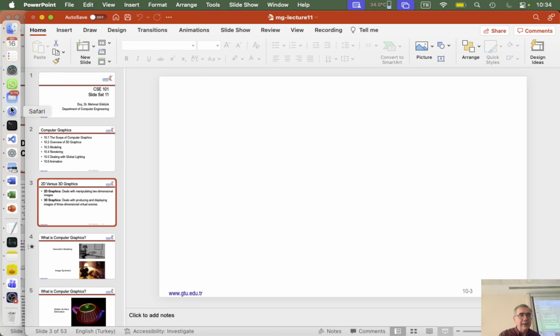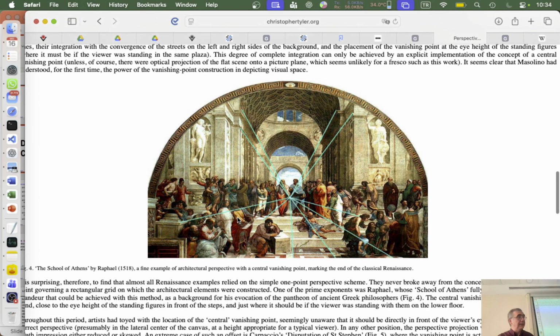So, this is a three-dimensional image. Is it a three-dimensional image? It is. It's like a photograph, but it is not stereo.